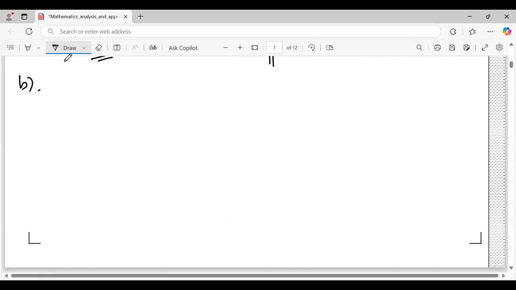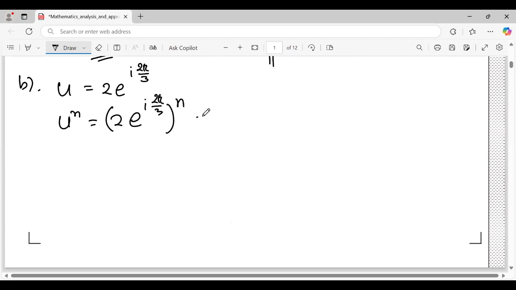From part A, we got u equals 2 e power i 2 pi third. So u power n becomes 2 power n e power i n 2 pi third, like this.